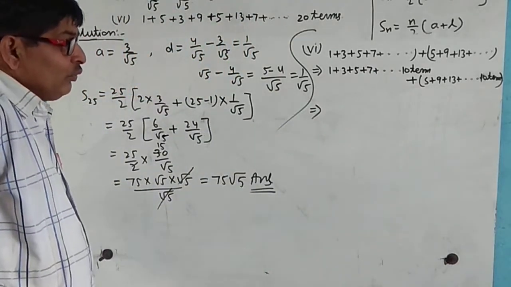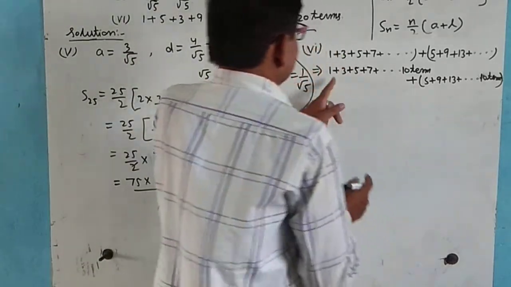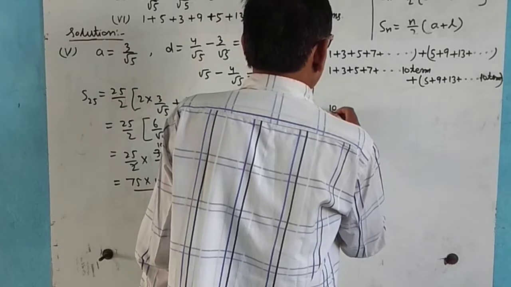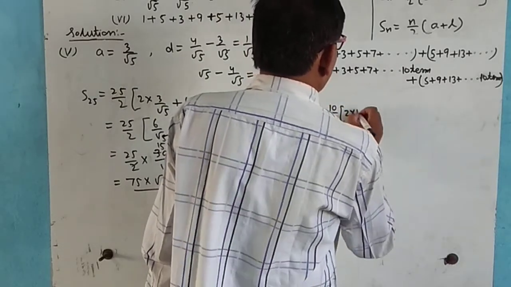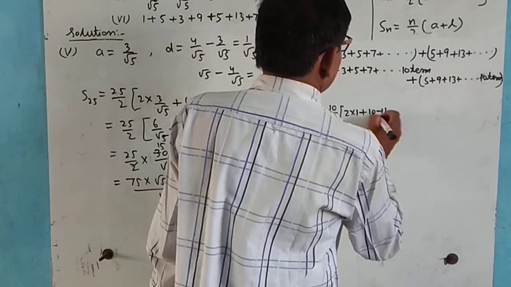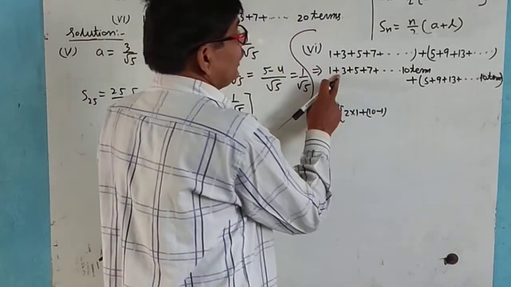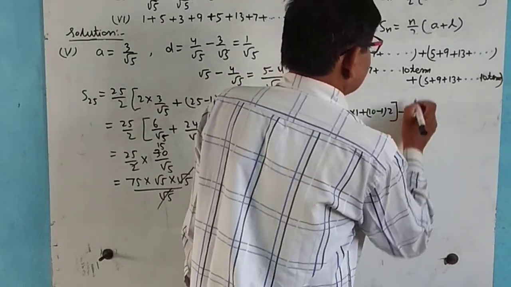We take the sum of this and the sum of this: 10 by 2, 2a, that is 2 into 1 plus 10 minus 1 into d, where d is 2.